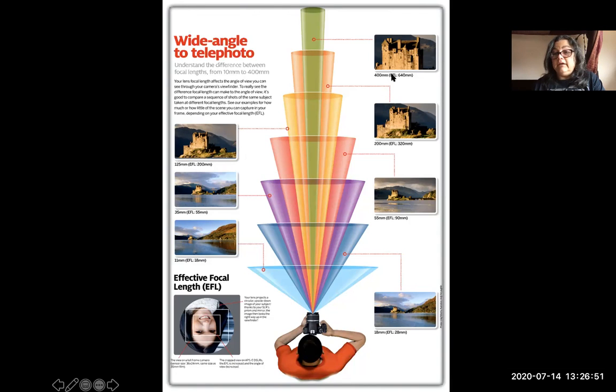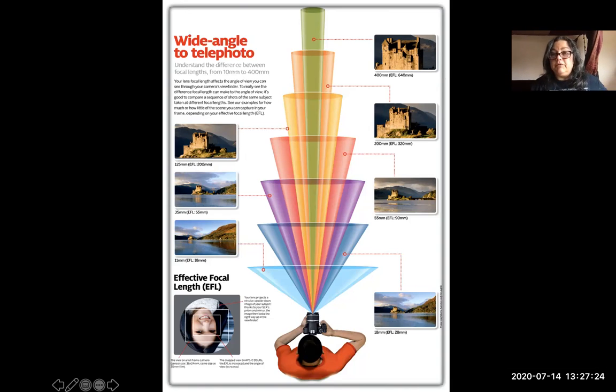And then finally, all the way out at 400 millimeters, so this narrowest portion of the lens, it's really just the castle. We can see the turrets and the chimney and the rooftop and so on, and a tiny bit of hill, but that's it. So the long lens allows us to come in very close to a specific point in our overall field of vision.